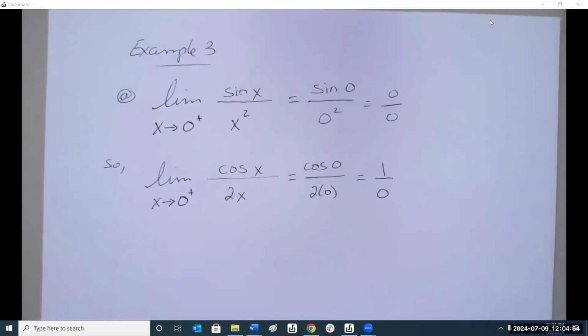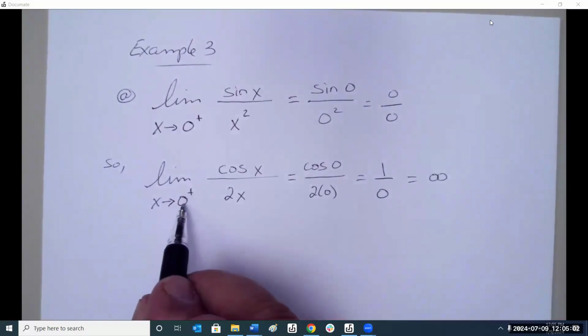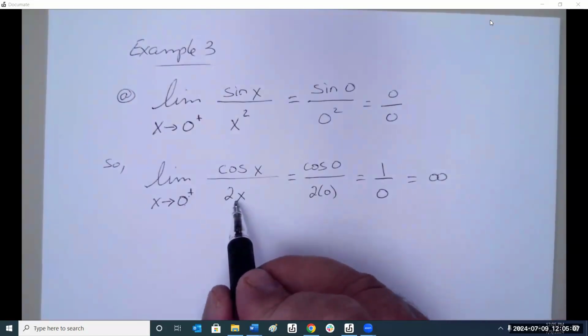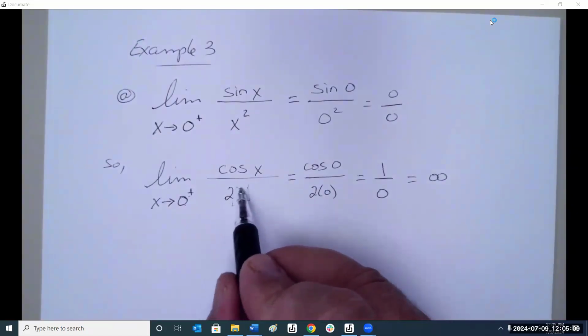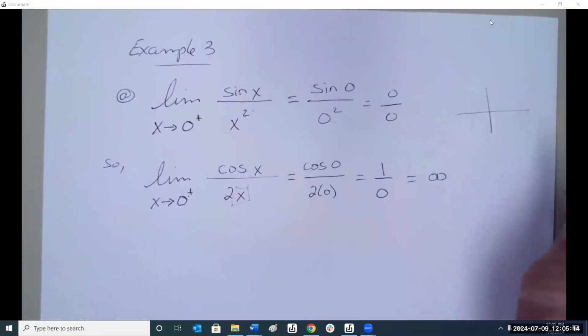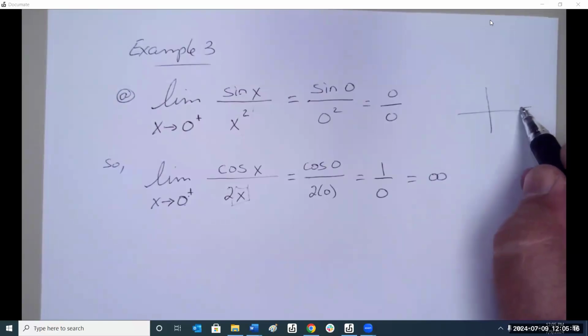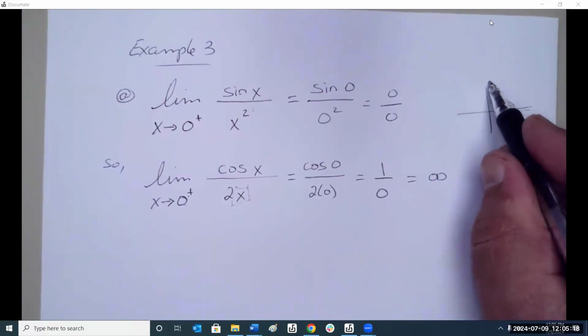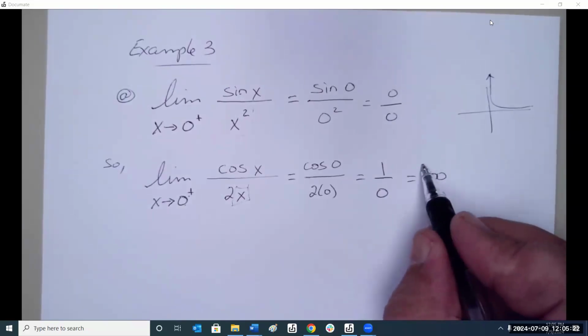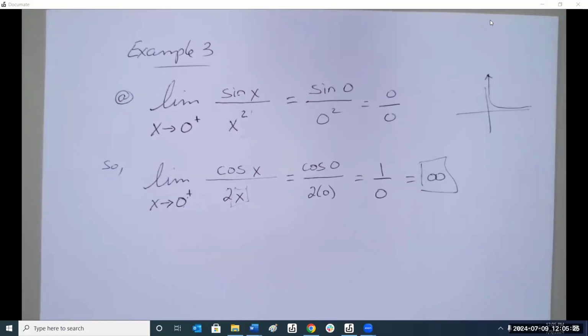Infinity. Positive infinity. Because remember, we're going to 0 from the right. Our vertical asymptote is 0, the x-axis. So as our value gets closer to 0, it goes to positive infinity. So that's our answer.